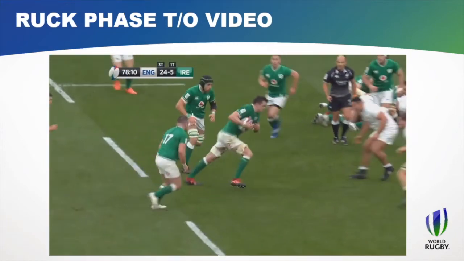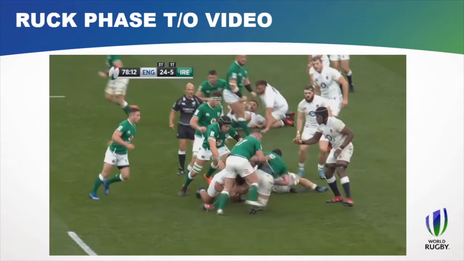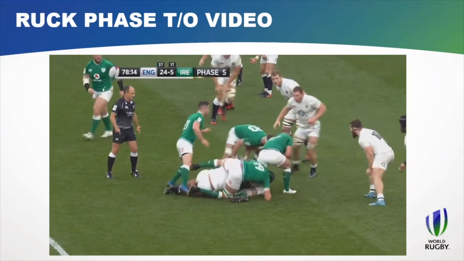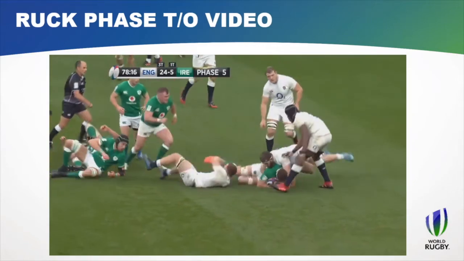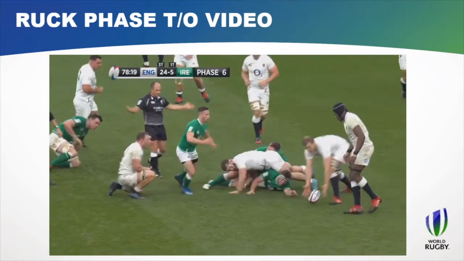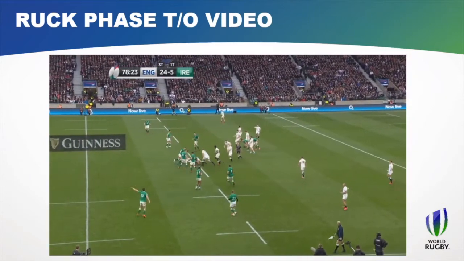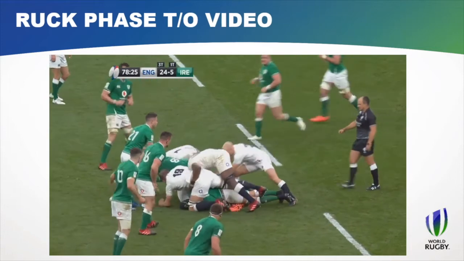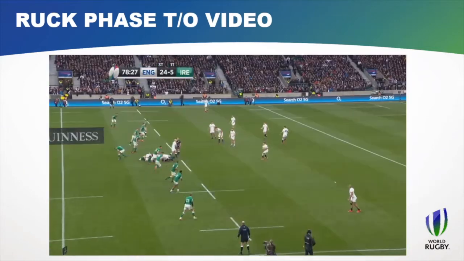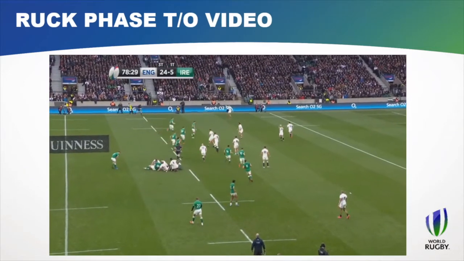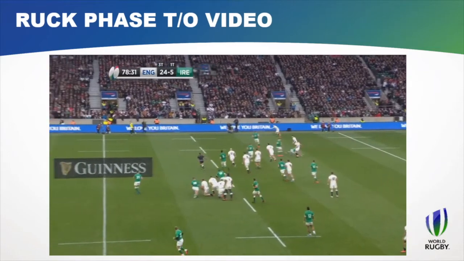From a ruck or phase turnover, again, it's a greater chance to attack. In this situation, we turn the ball over at the ruck. Again, we'd like to move the ball quicker into space, but because we're a team that likes stability, we tend to play from stability and then use a kicking game, which suits the mindset of our players.